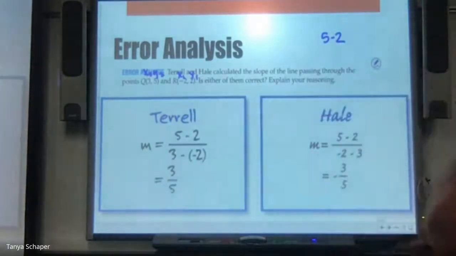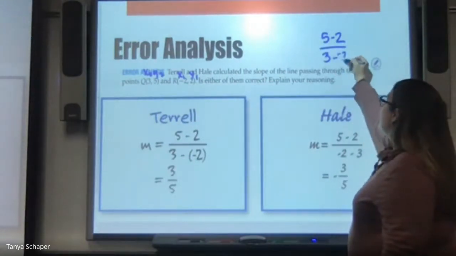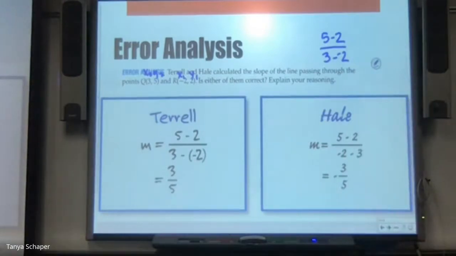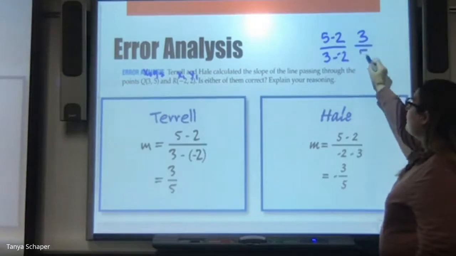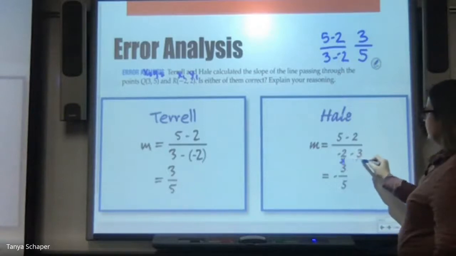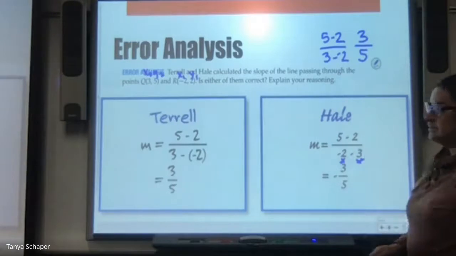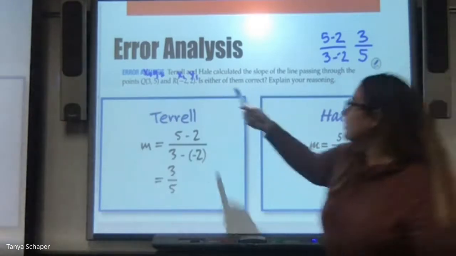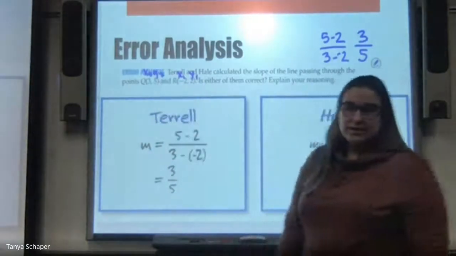So 5 minus 2 over 3 minus negative 2. 5 minus 2 is 3. 3 minus negative 2 is 5. So it looks like Terrell's got it right. What I see with Hales is that he actually switched these two numbers around. It should be 3 minus negative 2, and he did negative 2 minus 3. So it's really important to make sure that you assign x of the first, y of the first, x of the second, y of the second, just like that.